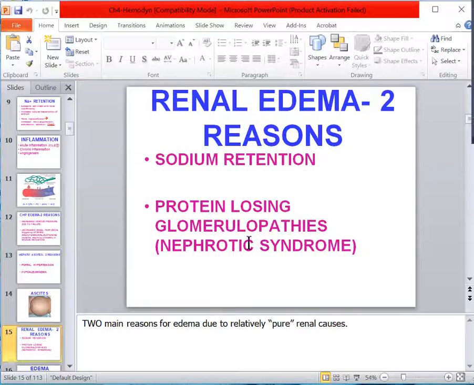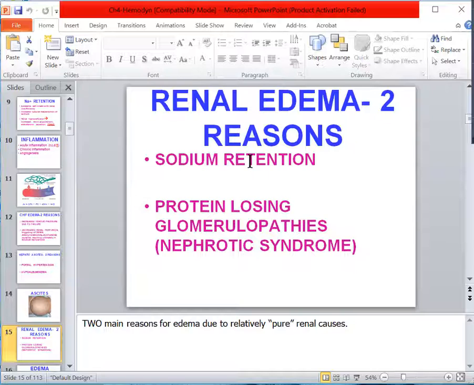So proteins are leaking through that basement membrane, and you develop hypoproteinemia. It could be so severe as to cause nephrotic syndrome, in which you have not only massively increased protein in your urine, but massively decreased protein in your blood, okay? And that would basically wipe out your colloid oncotic pressure as well.